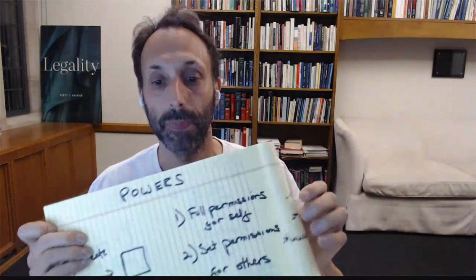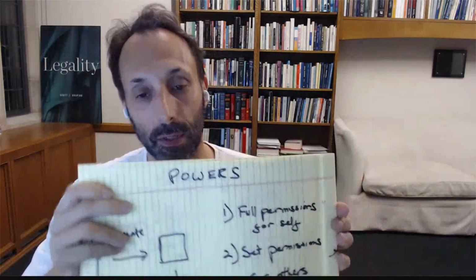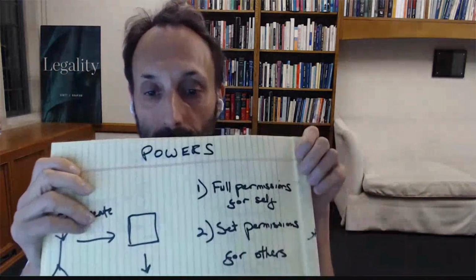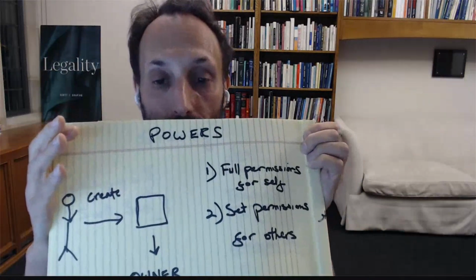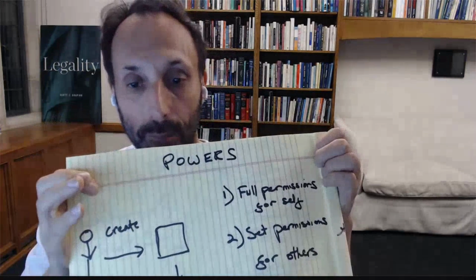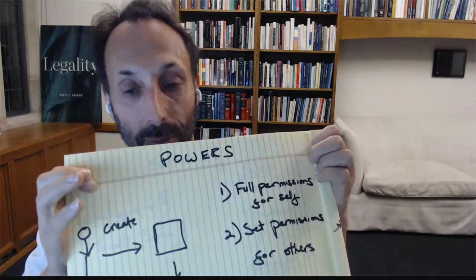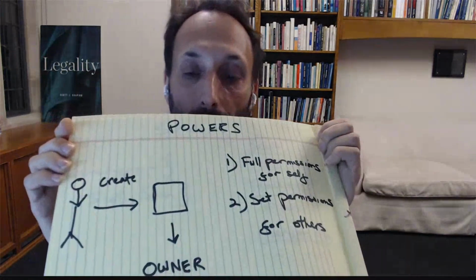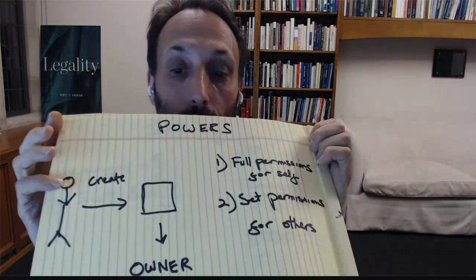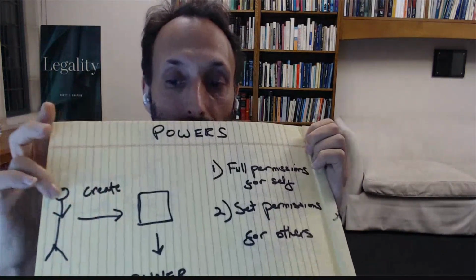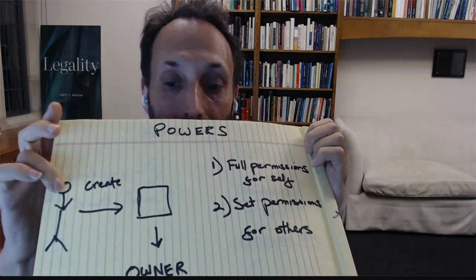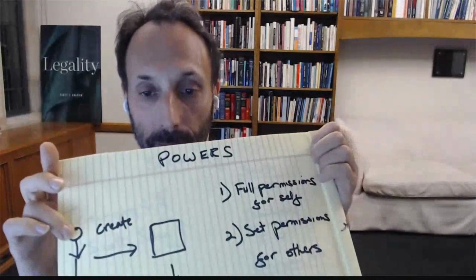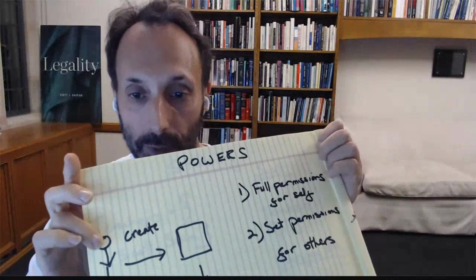Okay, let's move to the next page. It's not only the case that, just like users have rights to their files, they also have powers. Namely, they can manipulate these rights, and this mainly happens for ordinary users through the creation of a file. If the user creates a file, then that user becomes the owner of that file. It's kind of like John Locke and the labor theory of value.